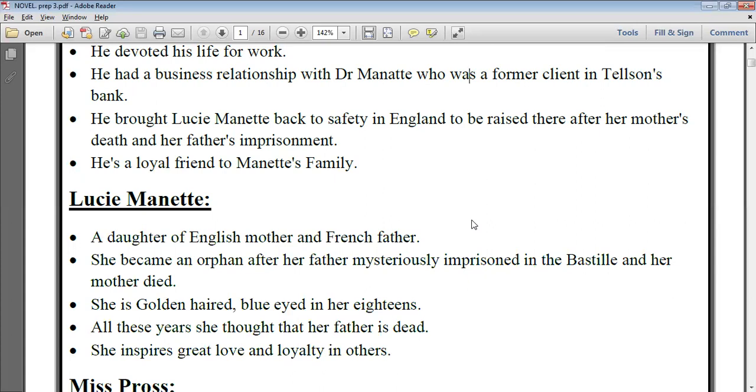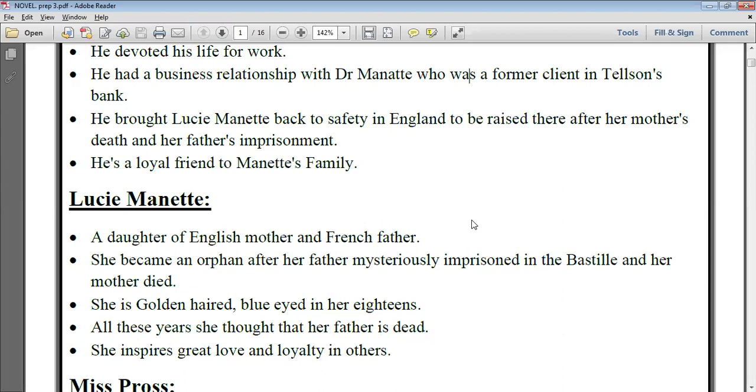She became an orphan after her father was mysteriously imprisoned in the Bastille and her mother died. She is golden-haired and blue-eyed. All these years, she thought that her father was dead. She inspires great love and loyalty in others.